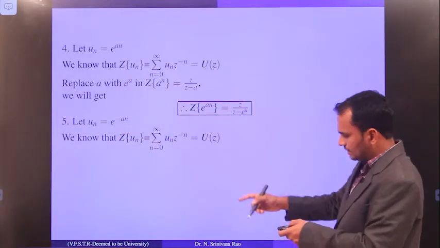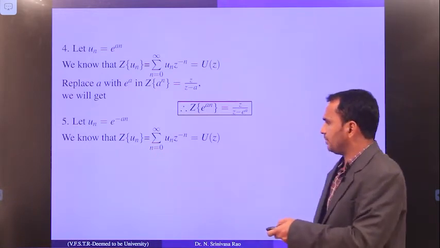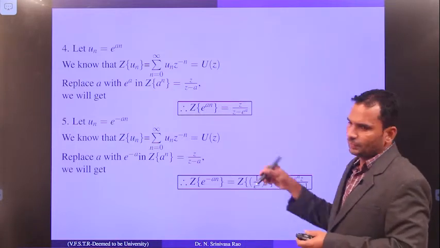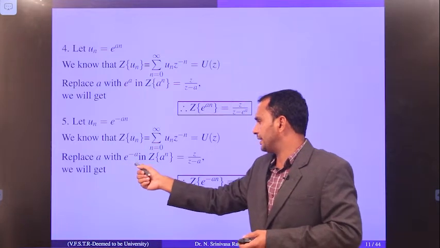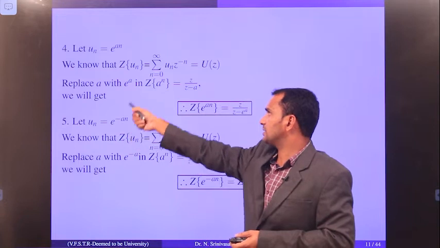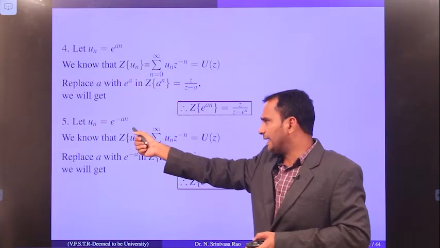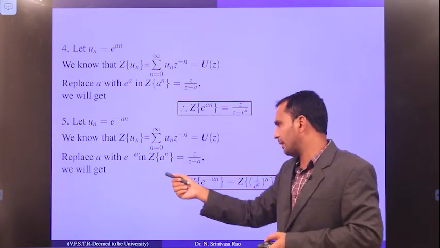Every time I am using the definition, so just remember it. Like in the previous example, in the place of a we are going to replace with e^(-a). The difference is that this is e^(an) and this is e^(-an), so in the place of a you substitute e^(-a).